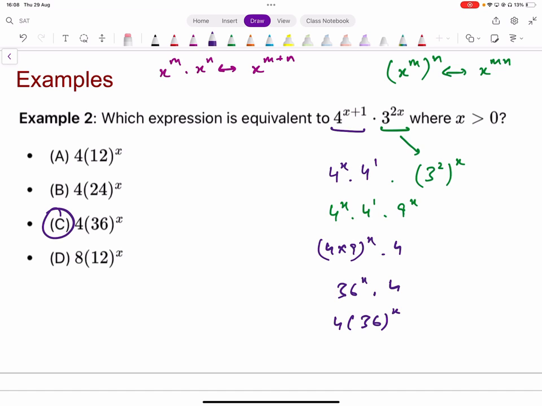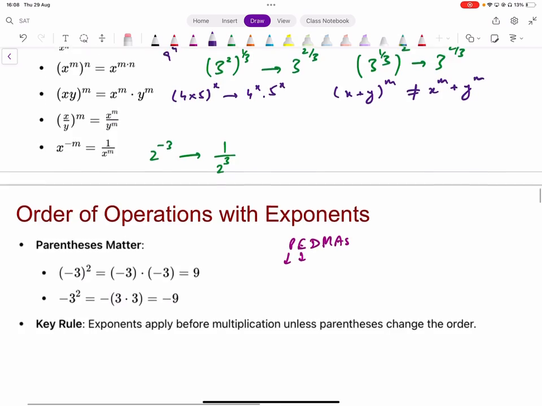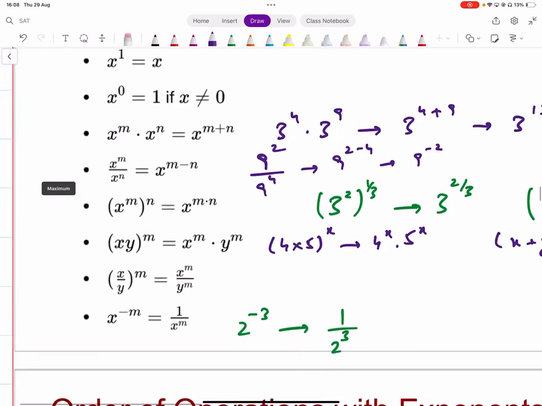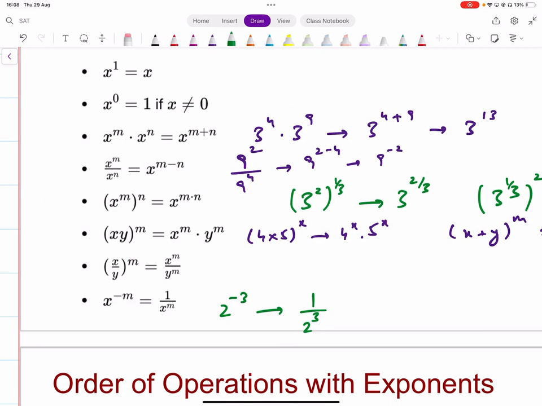This was a relatively trickier type of problem in indices. Okay, so you need to be able to work both ways here. All of these rules, they work both ways. If you have x power m into x power n, and that gives you x power m plus n, you can also go from the form on the right side to the form on the left side. You can break it down into two parts like this as well.